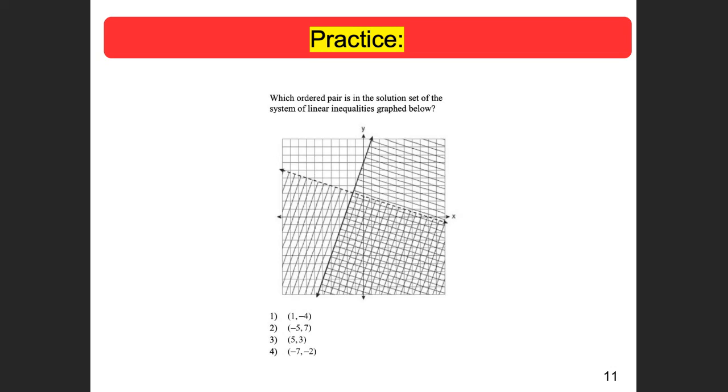Next question. Much easier problem. Why? It's already graphed out for us. It says, which ordered pair is in the solution set of the system of linear inequalities graphed below? Okay, so I'm going to let you guys do this one by yourself because there's not a whole lot of work to do in this problem. What should be my answer?